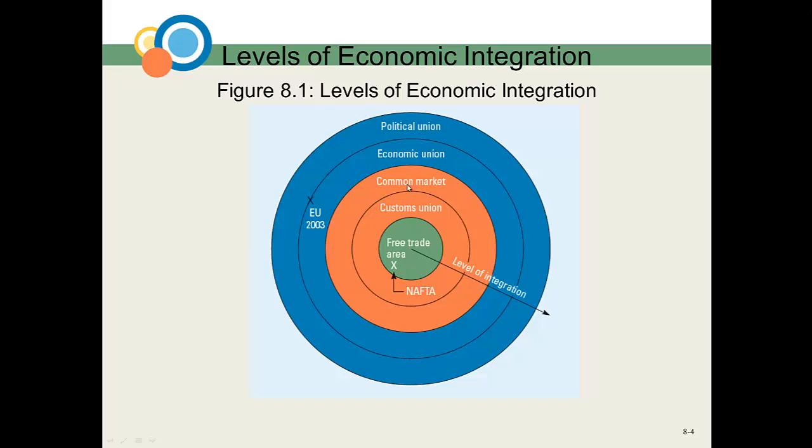Now, countries that participate in a common market are even more closely related than a customs union. In a common market, there are no trade barriers among the member countries. There is a set external trade policy, and the factors of production are shared by all the member countries. And it can take years or decades to form a common market.